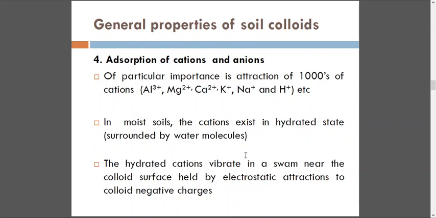In moist soils we have the cations in a hydrated state, or the anions in a hydrated state, and this means that the particular ion is in the middle, but it is surrounded by water molecules. Therefore it is able to move around, and we see that these cations or anions keep on swarming near the colloid surface.